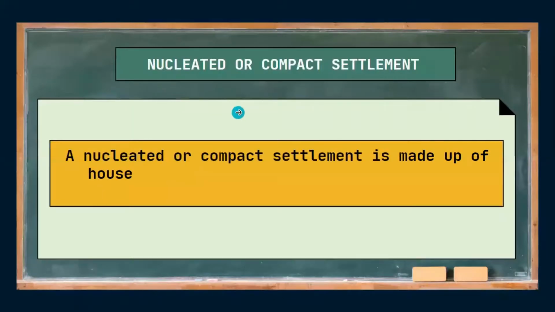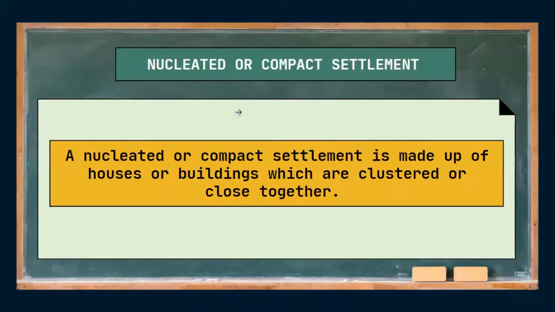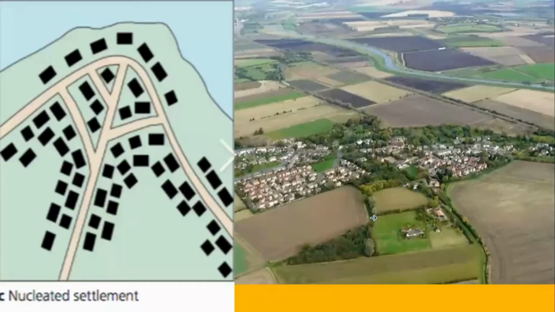Then we have nucleated or compact settlements. A nucleated or compact settlement is made up of houses or buildings which are clustered or close together. This is the example here, where they are close together. A great example of a nucleated settlement pattern would be a city where all the buildings are really close together.